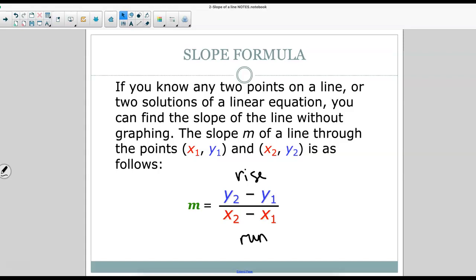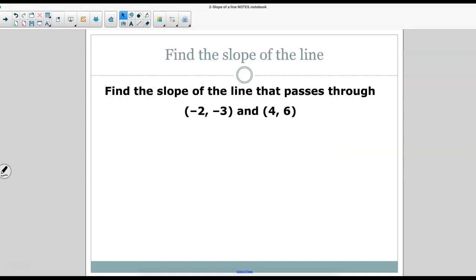So this formula is important. It's y2, which is just point 2, the second point, minus y1 over x2 minus x1. So given 2 points, we're going to find the slope of the line that passes through those points. This is easy to do if we label the points.